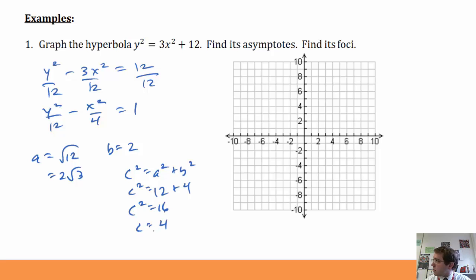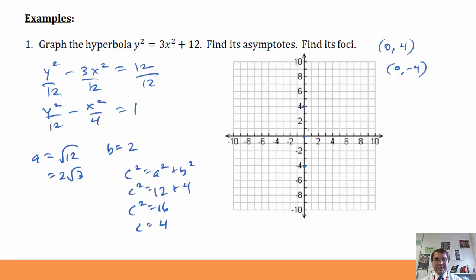Okay? My center is at 0, 0. This is going to have to be a vertical hyperbola because the y term is positive. So I'm going to go up a distance of c to get my focus and down a distance of c to get my other focus. So its foci are going to be 0, 4 and 0, negative 4.